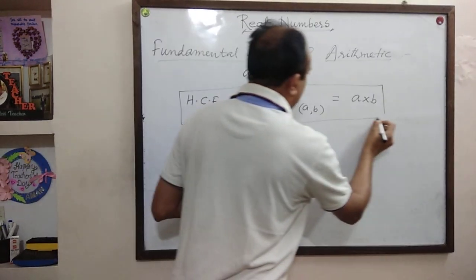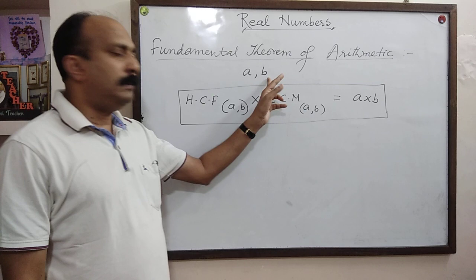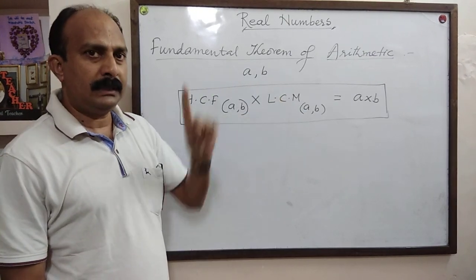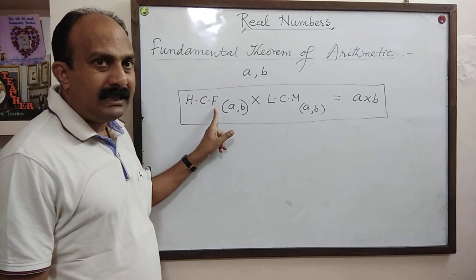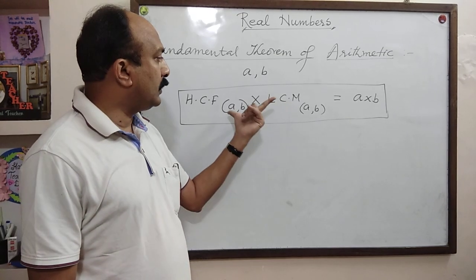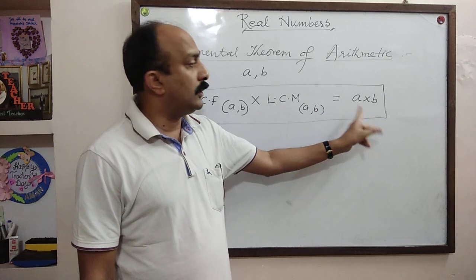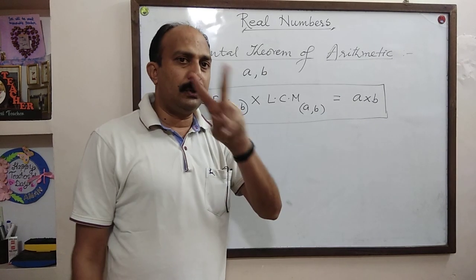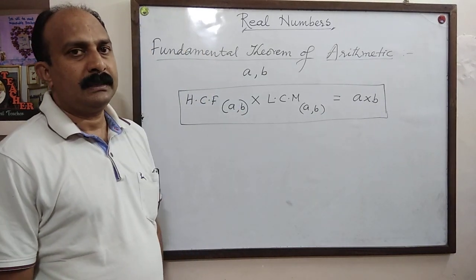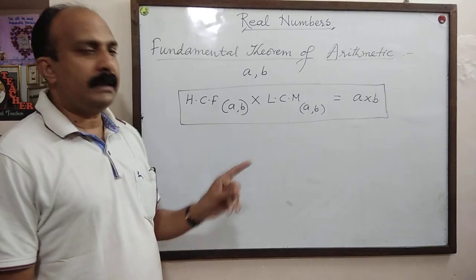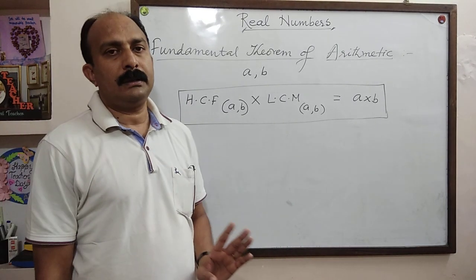This is a very important relation. If a and b are two positive integers, then the product of their HCF and LCM will always be equal to the product of those two numbers. That means HCF into LCM equals a into b.